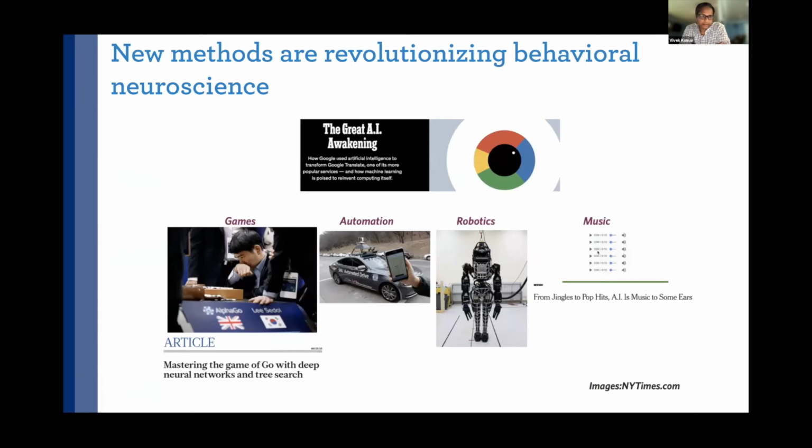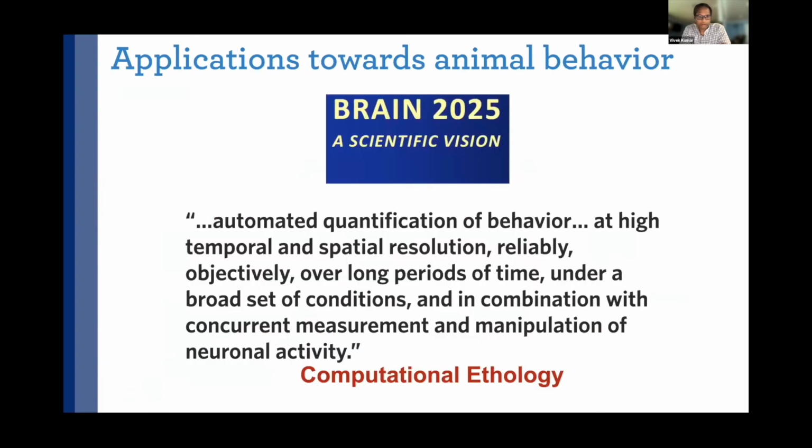Needless to say, neuroscience, behavioral neuroscience specifically, is being transformed by technology. Over the last several years, advances in statistical learning have made their way through to biological applications. We, along with many other labs, are applying these methods.